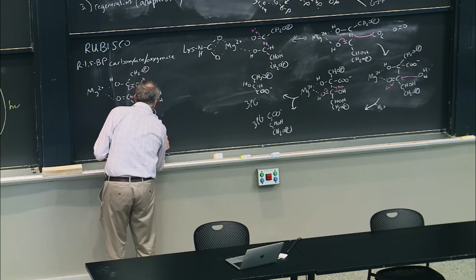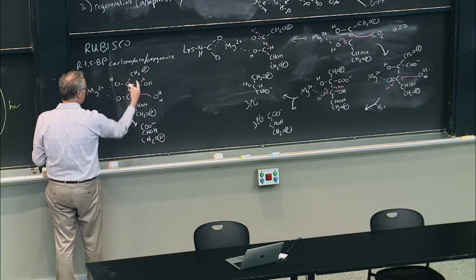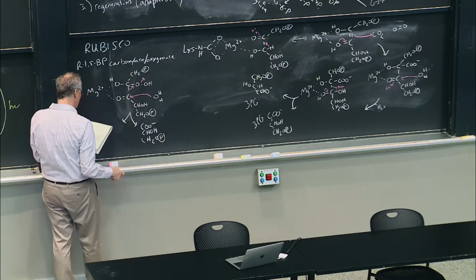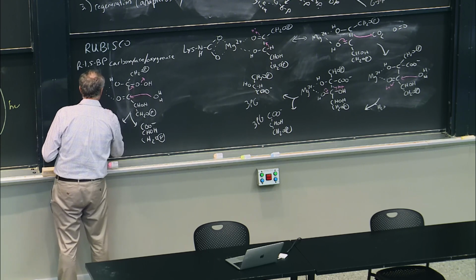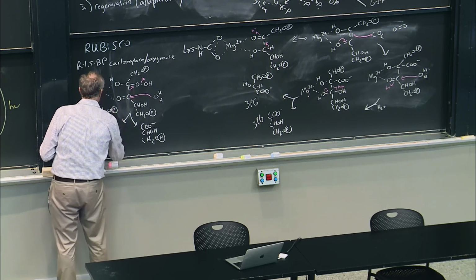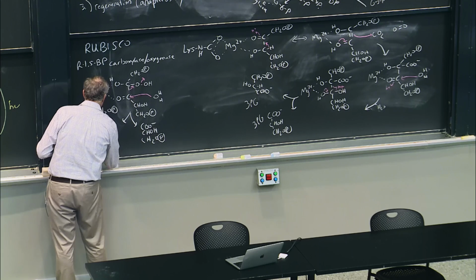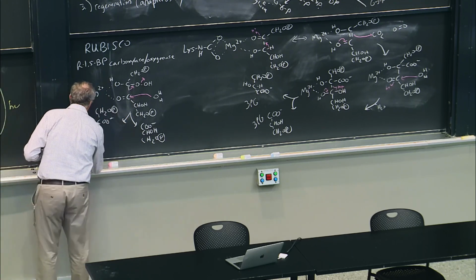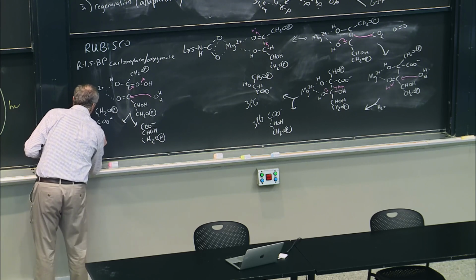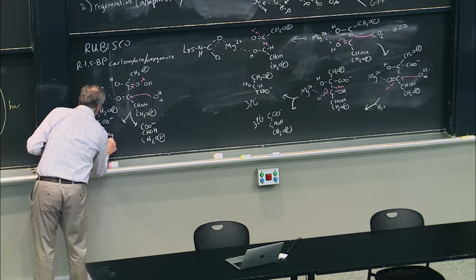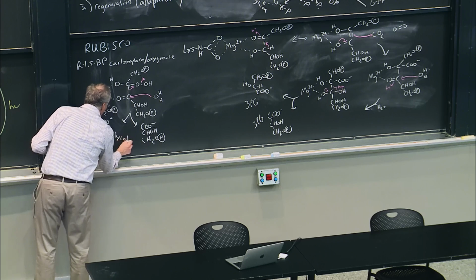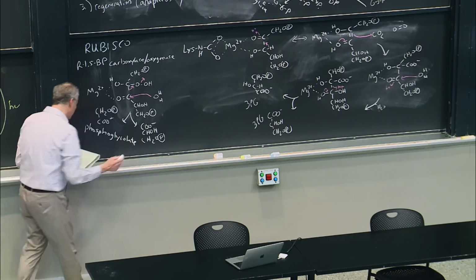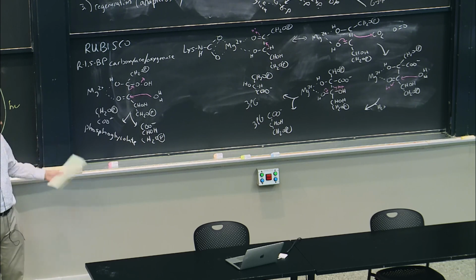But from the top half of the molecule, rather than generating a 3-phosphoglycerate, now you have this 2-carbon unit, which is called phosphoglycolate. And it turns out that phosphoglycolate is not a good thing for the plant to have.